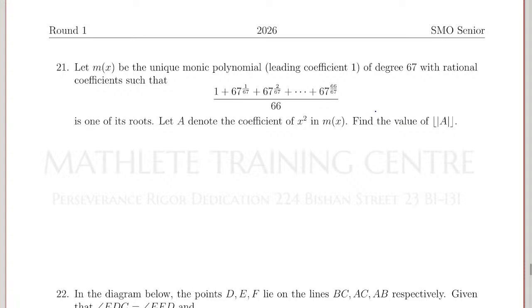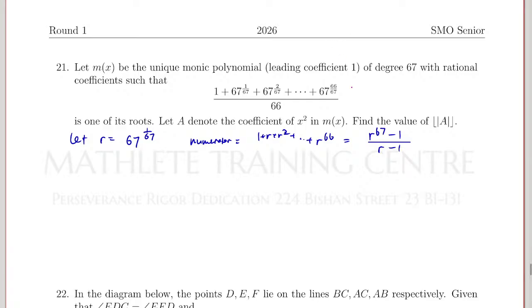First thing is that the numerator looks like a geometric series, right? So that's the first thing you can notice. If I let the common ratio R be 67 to the power of 1 over 67, then the numerator is pretty nice. Numerator is 1 plus R plus R squared up to R to the power of 66. Using the formula for geometric series, this is (R to the power of 67 minus 1) over (R minus 1).